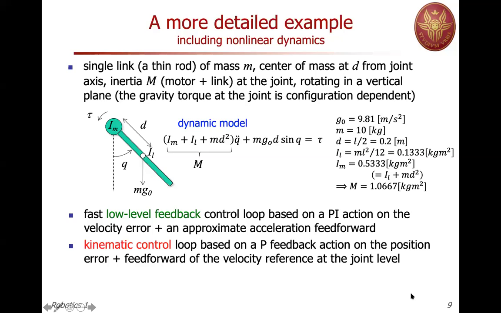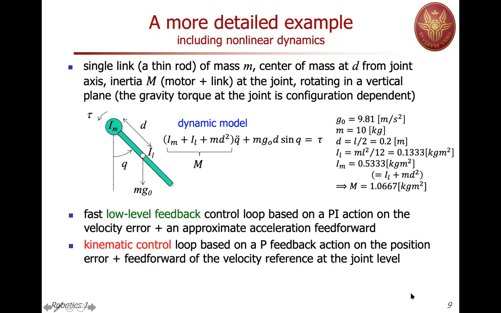So we will have this low-level feedback loop, and we will have a kinematic control loop outside, so what we can really impose. In the kinematic control loop, we will use a proportional action like we did for the simple mass, but now on the position error, because we want to track a motion of the position of this link.